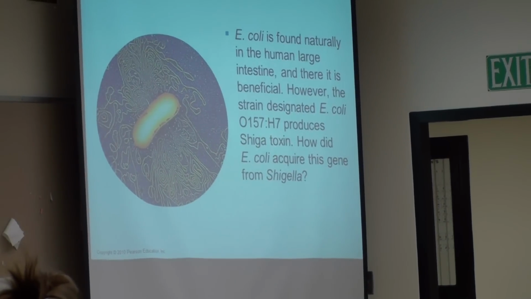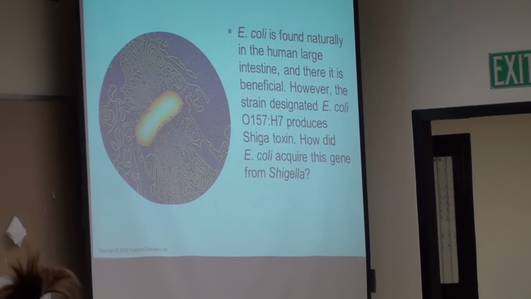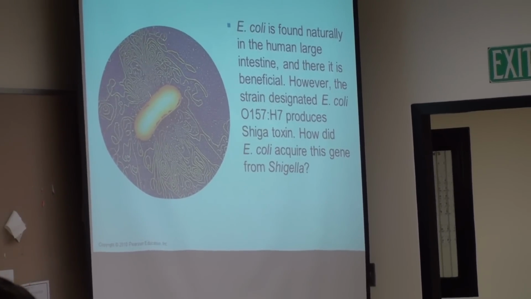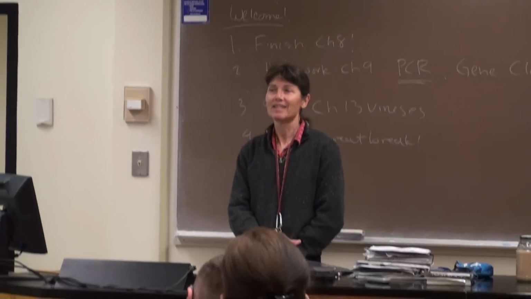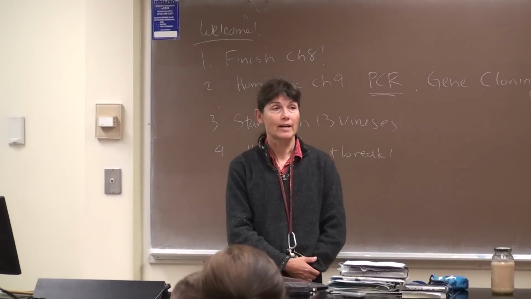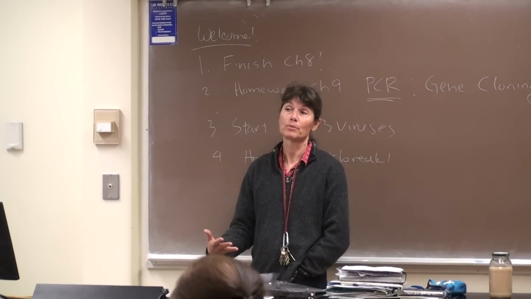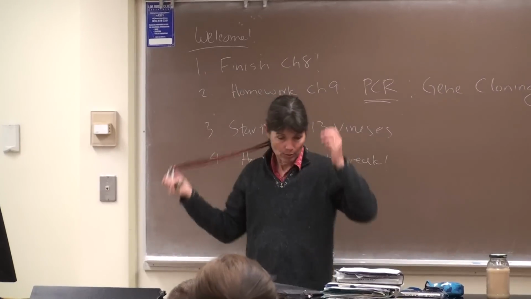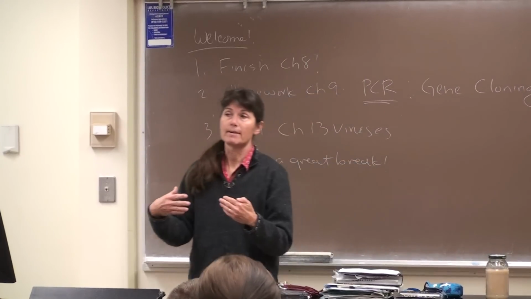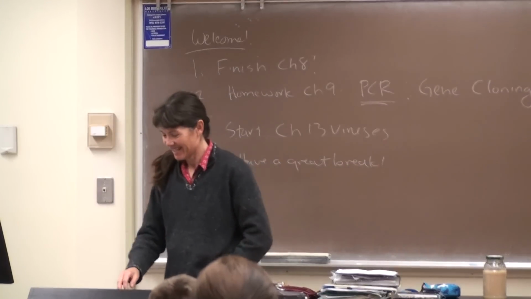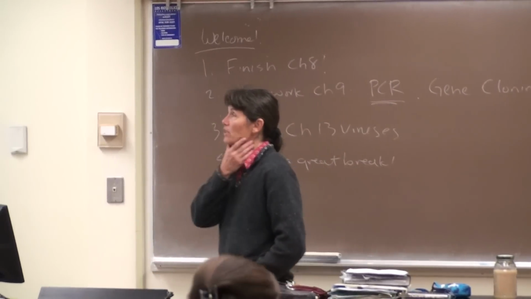We used the example of the Shiga toxin producing E. coli O157:H7. We described how it appears that a bacteriophage transferred the Shiga toxin gene from Shigella dysenteriae to E. coli, and hence we ended up with a brand new toxin-producing strain of E. coli. This was trying to answer the question, why do we care? Why should we learn about transduction?